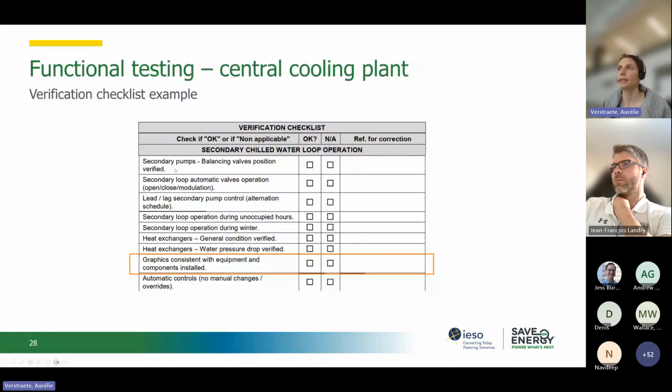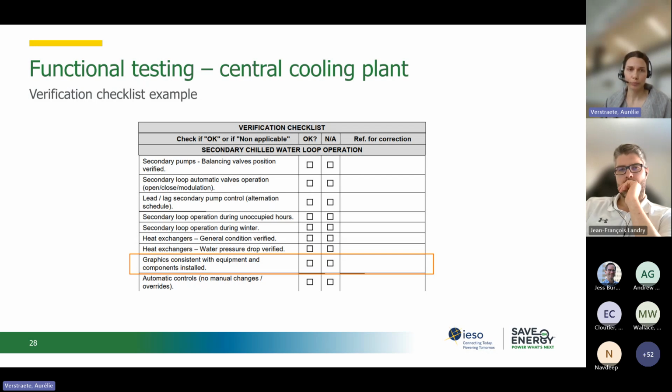So we see here maybe balancing valve position, lead lag control, and the point I put in red: is graphics consistent with equipment and components installed, yes or no. This point is pretty critical not only for central cooling plants, but for the whole HVAC systems.